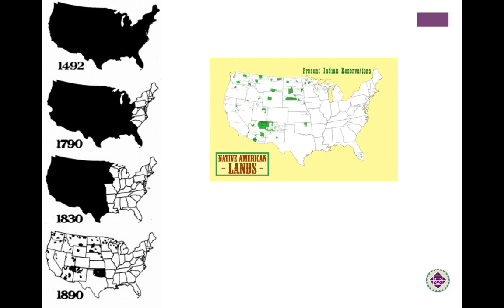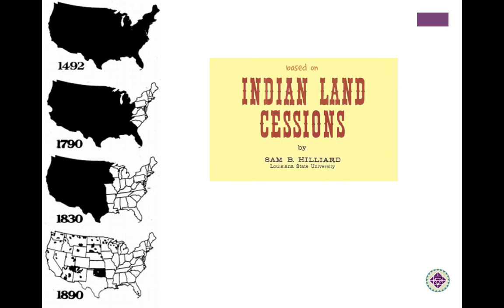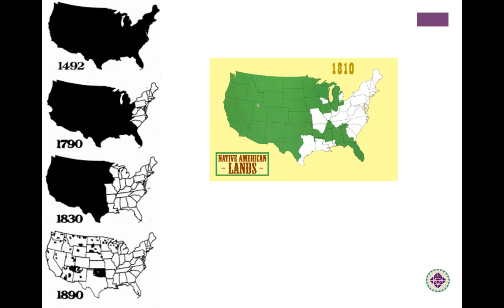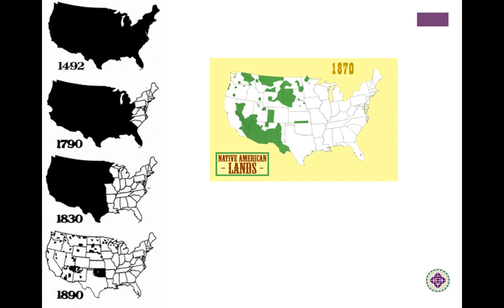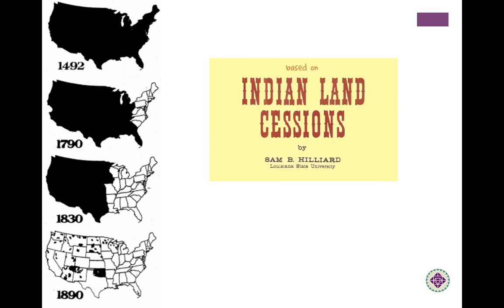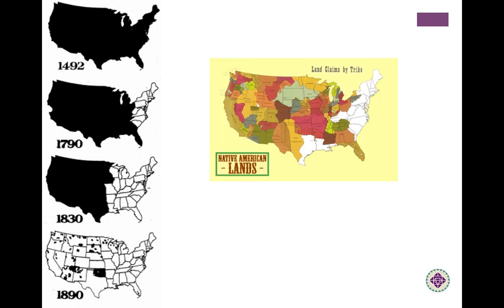This is a very interesting animation map on the right hand side of the screen: 1492, 1790, some of the colonies, 1830. By the end of the 19th century, now we see the United States as we know it today.